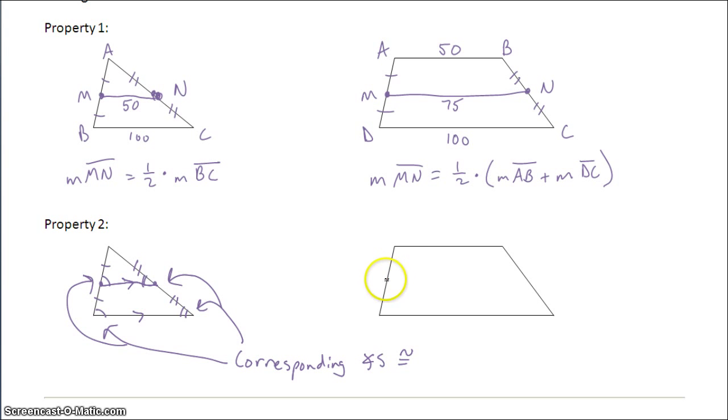In a trapezoid, when we find the midsegment connecting the midpoints of the two legs, we also get congruent angles. And those angles will be congruent because they're corresponding, because the midsegment will be parallel to all the sides, to the bases.